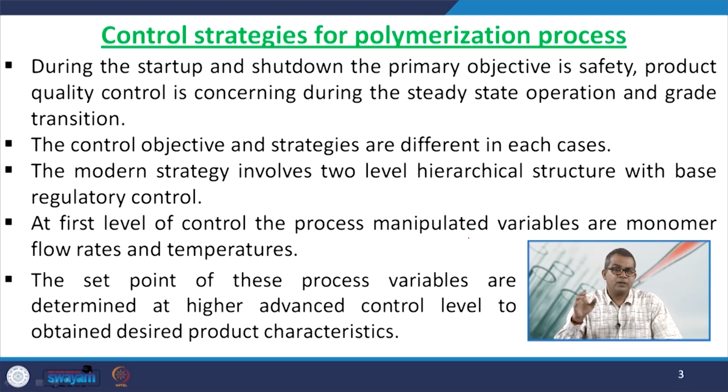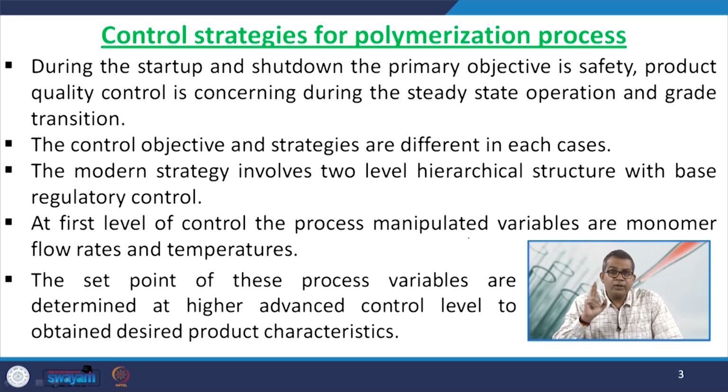Remember, at the start the monomer concentration is probably on the higher side. You have the flow rate to look into, and because of the exothermicity, and sometimes endothermicity, of the reaction, you need proper control over the reaction.